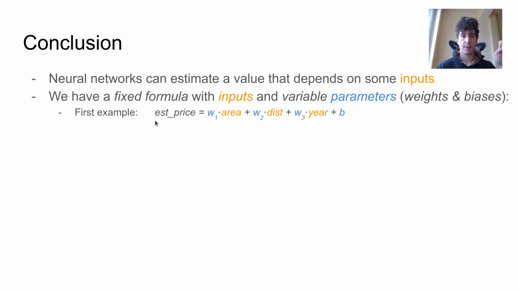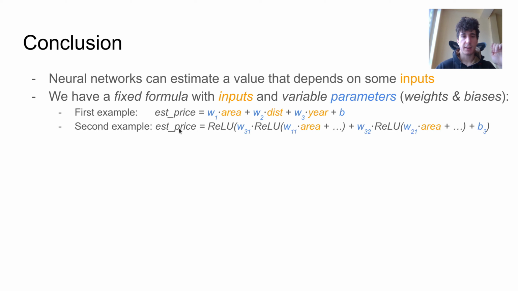So in the first example, the inputs were area, distance, and year, and the parameters were the weights and bias. And the second example is also a formula with the same inputs, but it's computed in a more complicated way. So neural networks are just formulas with some parameters.